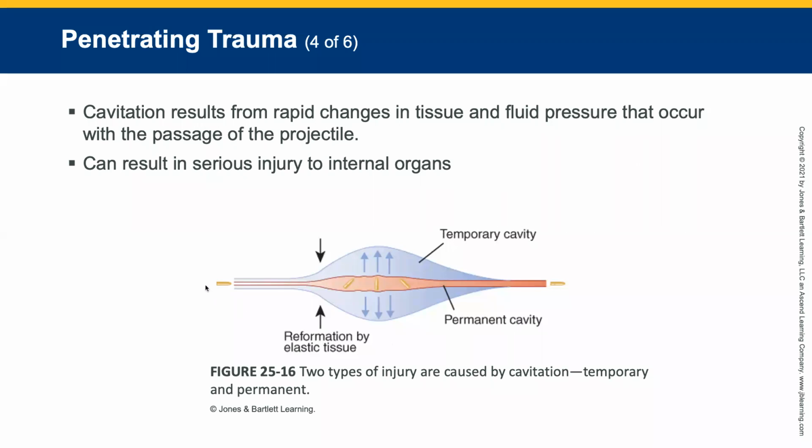So you see here, we have the bullet entrance and exit. It can start to tumble here, but this is the temporary cavity because it swells up because of the pressure that's coming through. And right here, as you see how it's way smaller, this is the permanent cavity that's going to be created as it exits the body.